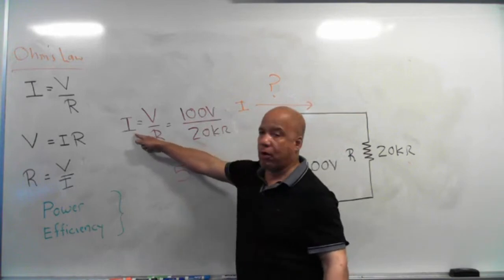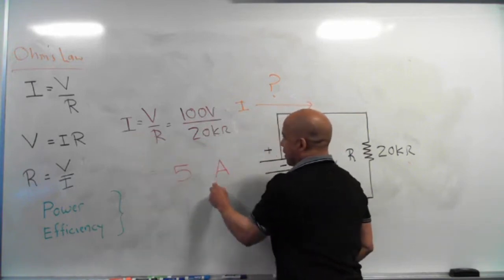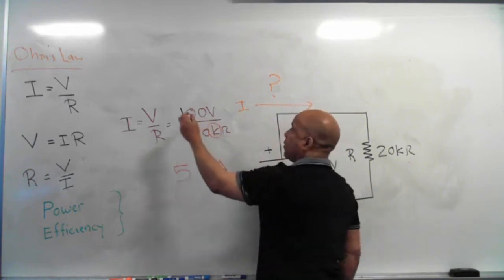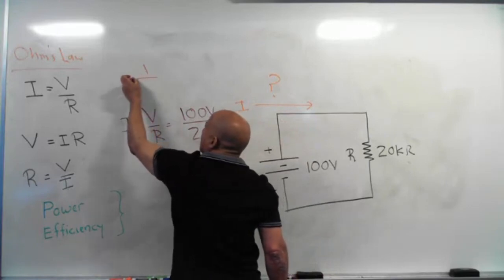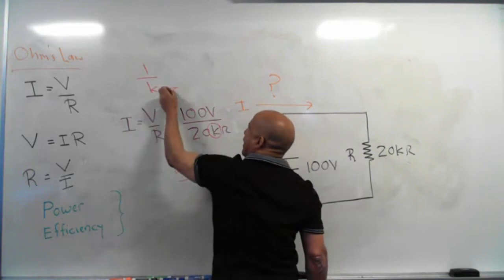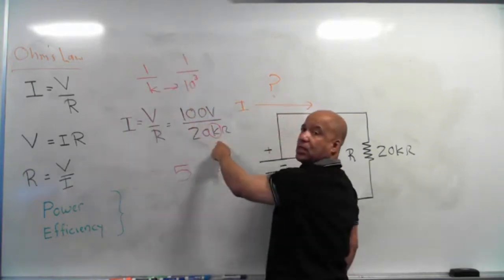If I have current, the unit for current is the amp, but I got 20 kilo ohms. Now remember what that is. 20 kilo ohms means that on the bottom here I have 1 over K, and the K is 10 to the third. So this is really 1 over 10 to the third.